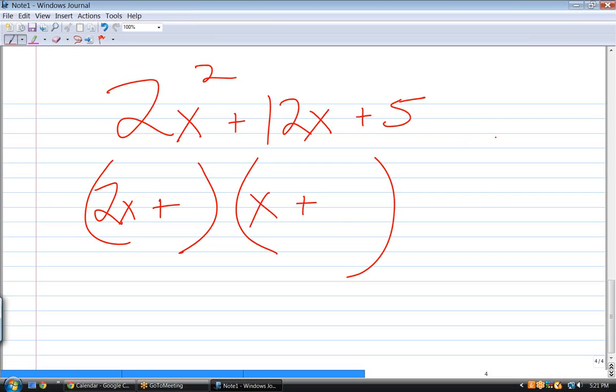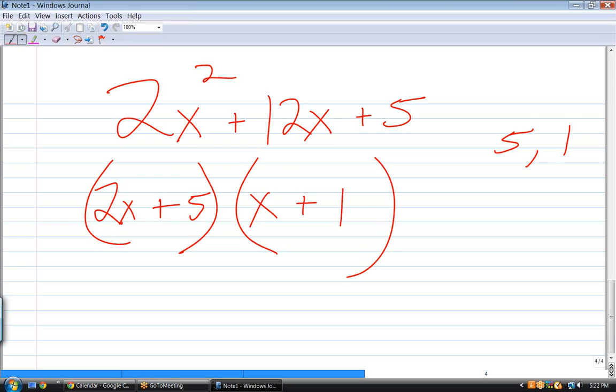Give me the factors of 5. 1 and 5. And yeah, that's it. So, to find the answer, we don't really have to do a lot of work. I can try 5 there and 1 there. And if that doesn't work, it's got to be the other way around. Does this work? Use your final test.